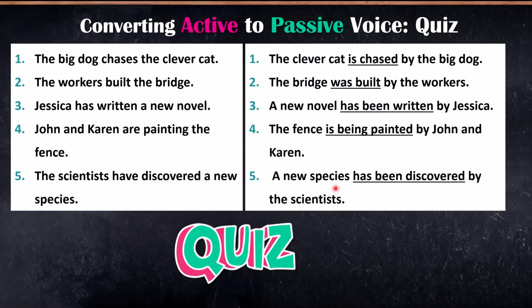Even though species ends with an S, it can be both singular or plural. And we know this is the singular form because of the article, a new species, not multiple new species. We're just talking about one. So, a new species has been discovered by the scientists.